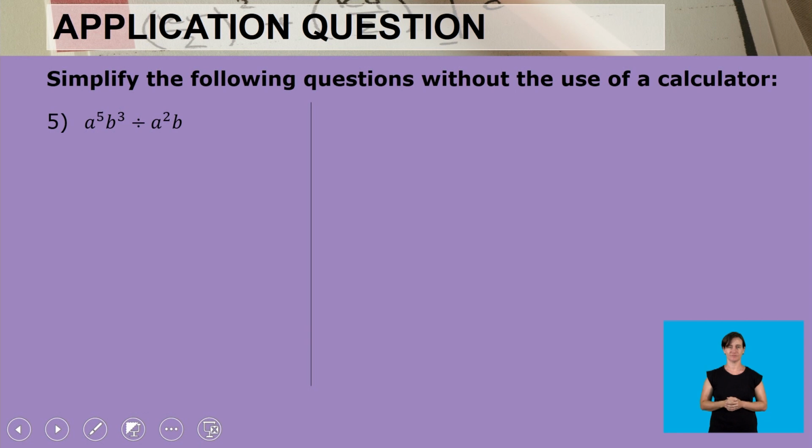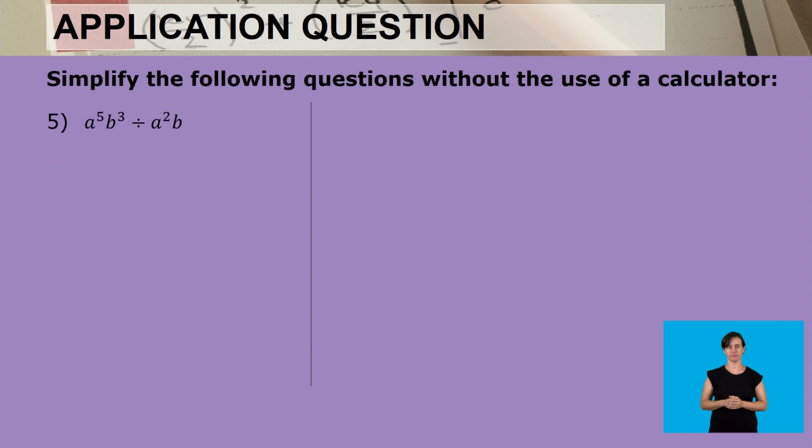Now, looking at the next example, number 5 here has more than one variable there. So we are going to work at it the same way that we've been working with the other expressions there. So we have a exponent 5 and b exponent 3 divided by a exponent 2 multiplied by b.